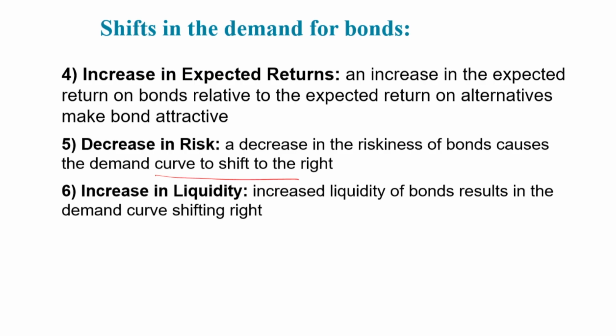Increased liquidity of bonds means you can sell your bond at any time with much ease, meaning the secondary market is well developed. That makes bonds very attractive, and as a result, at the given rate of interest itself, you are willing to demand more bonds.